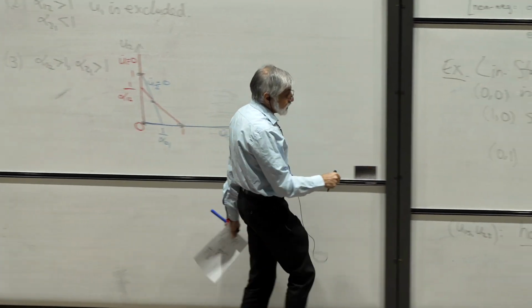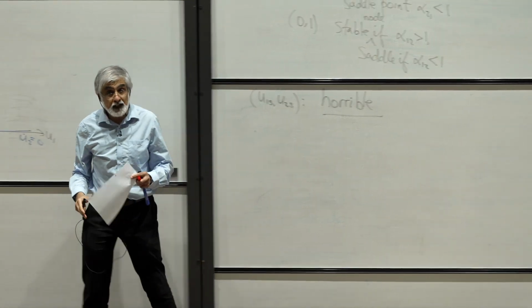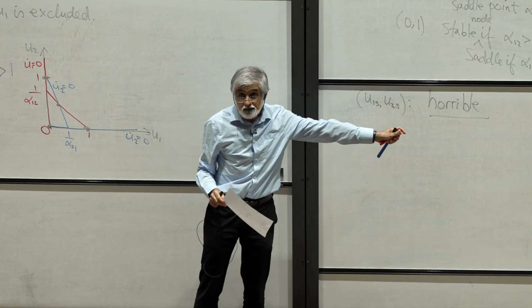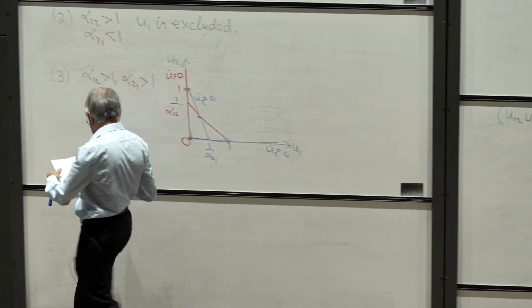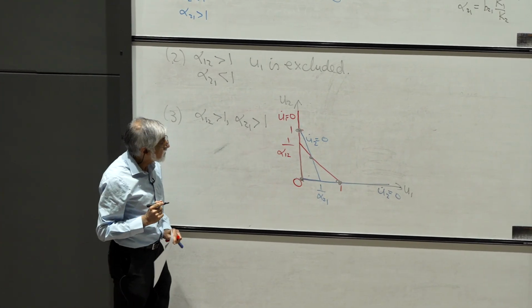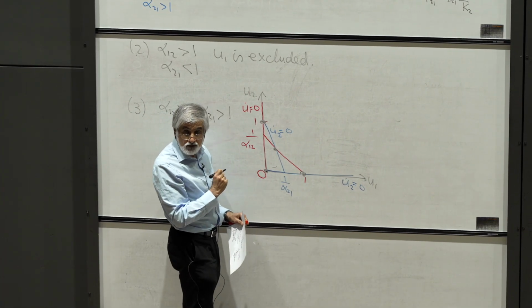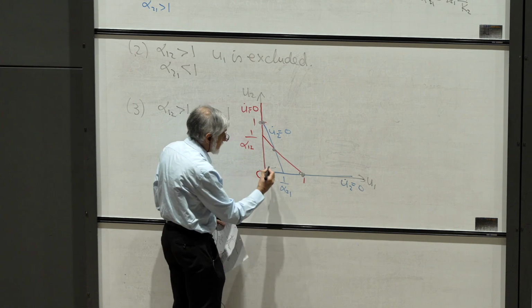And if you go through and do this horrible analysis, you will find out that this is the saddle point. So, suppose we start off here. We go up, because u1 dot and u2 dot are positive.